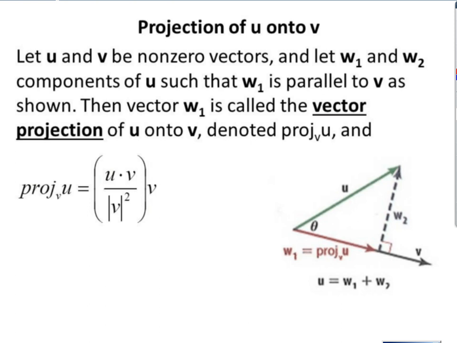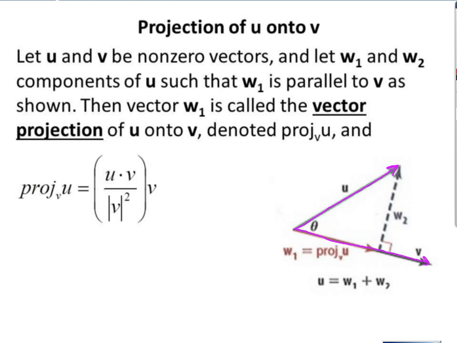So what this means is we have two vectors. We have vector v, which is along the bottom here, and we have vector u. Now originally vector u is going in this direction, but what we want to do is see what would happen if we take u and break it into two components.